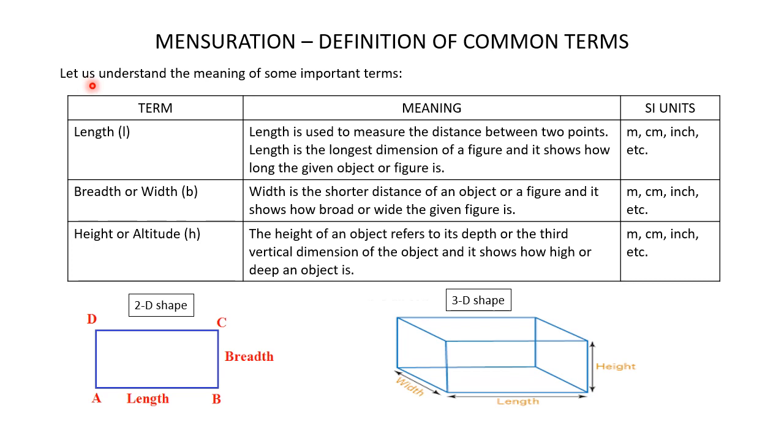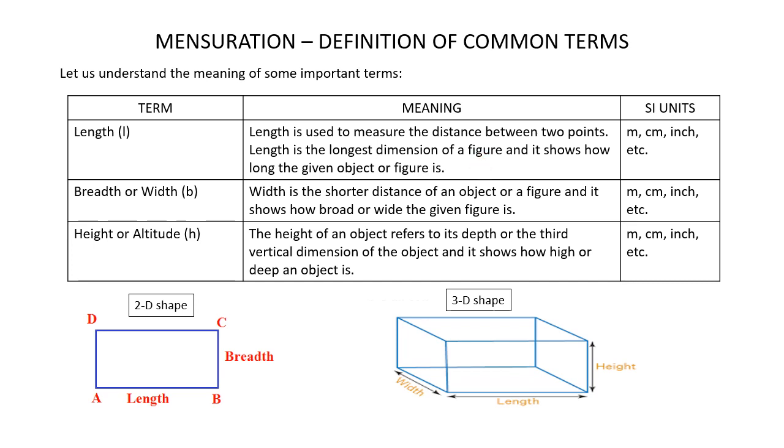Let's understand the meaning of a few more important terms like length, breadth or width, and height or altitude. Length is used to measure the distance between 2 points. Length is the longest dimension of a figure and it shows how long the given object or figure is.